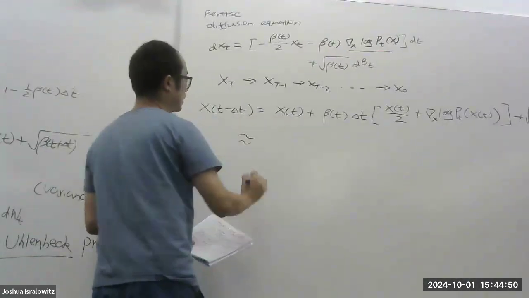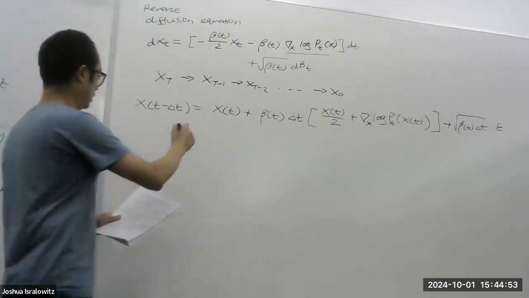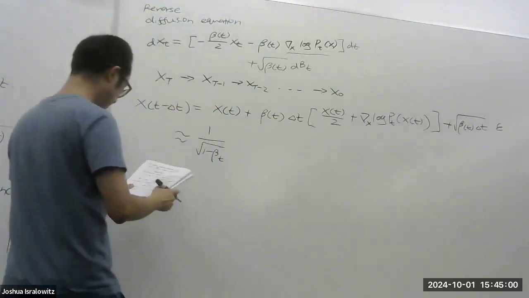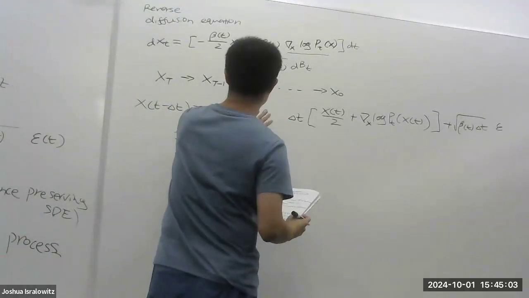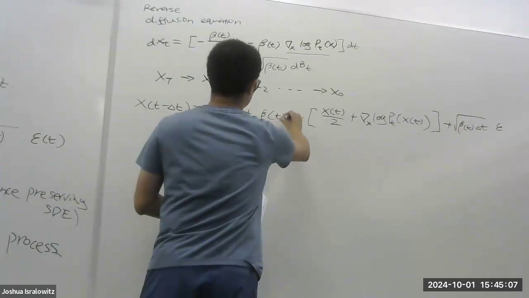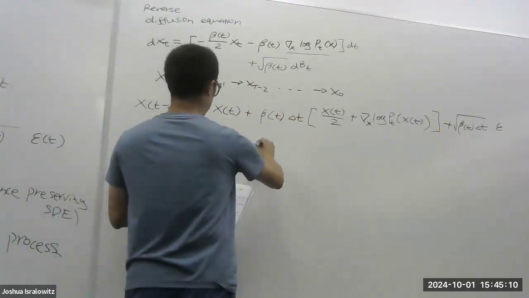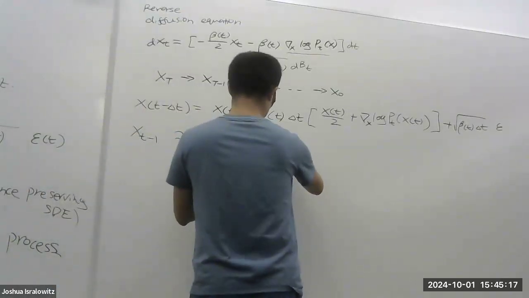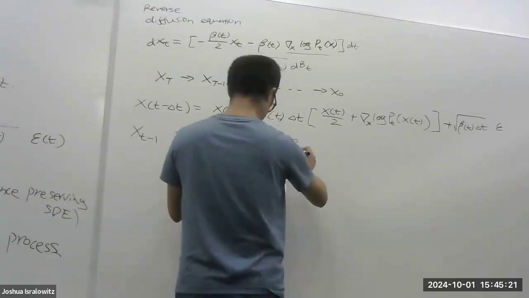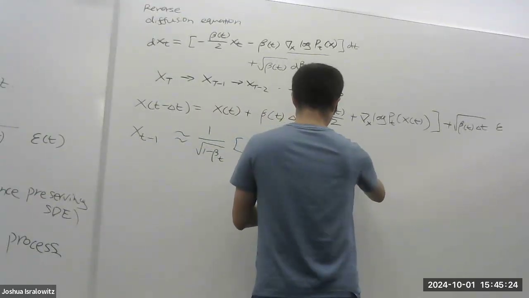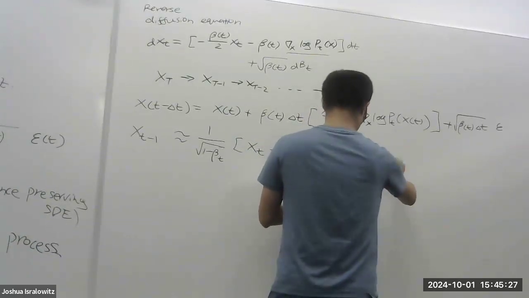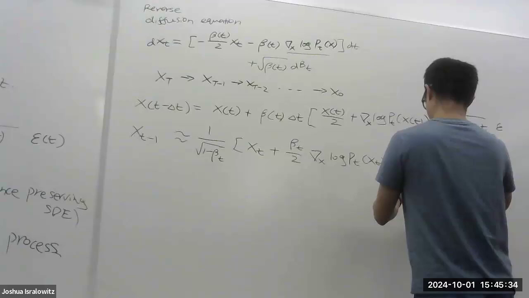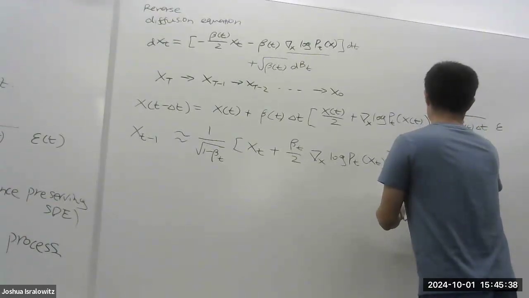This will be roughly approximate: 1 over square root of 1 minus beta t, of xt, plus beta t divided by 2 gradient of x log of p t of xt, plus square root of beta t.